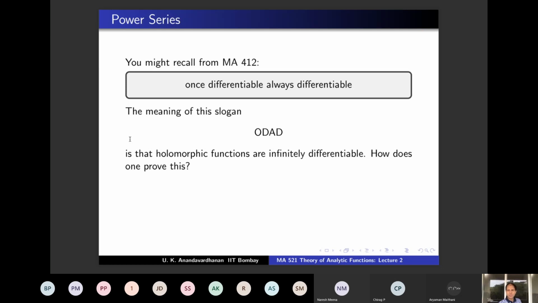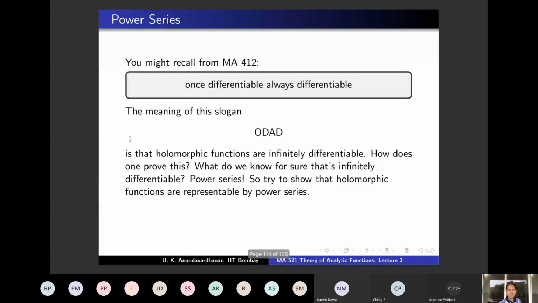We don't know so many such things. The only thing that we know infinitely many times differentiable is power series representations. A function representable by power series is infinitely many times differentiable. Therefore, one natural idea would be, in order to show that holomorphic functions are infinitely differentiable, show that holomorphic functions are representable by power series, then they are infinitely differentiable.